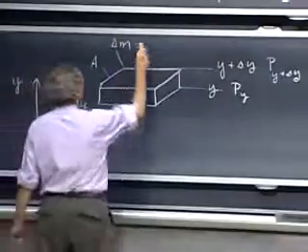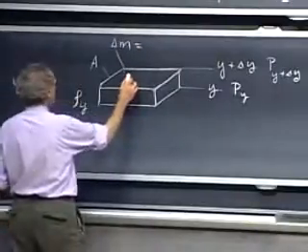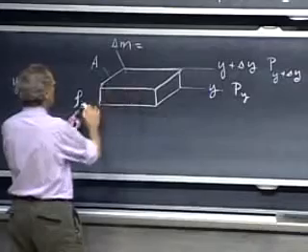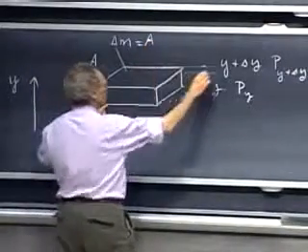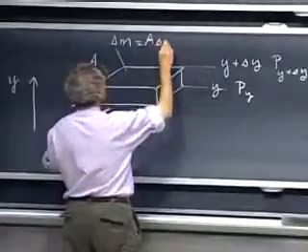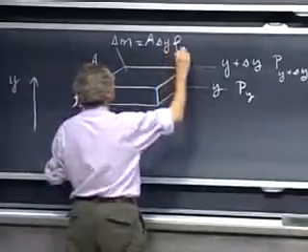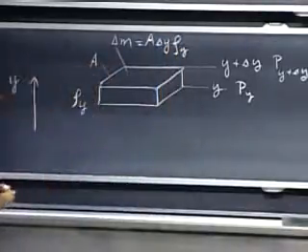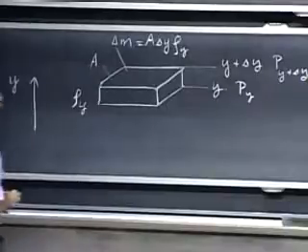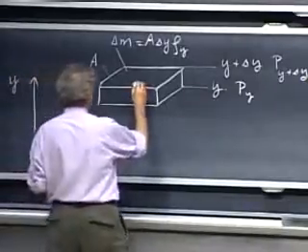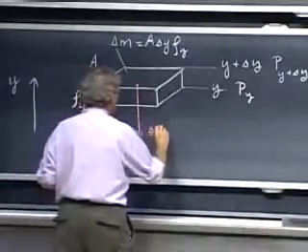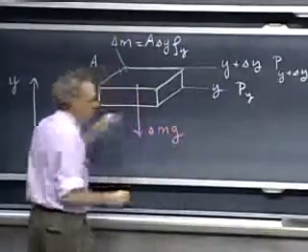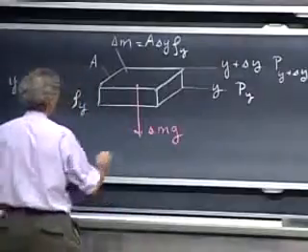And so the mass that I have here is the volume times the density. And the volume is the area A times delta y, and then times the density, which may be a function of y. So if now I put in all the forces at work here, there is gravity, which is delta m times g, in this direction.